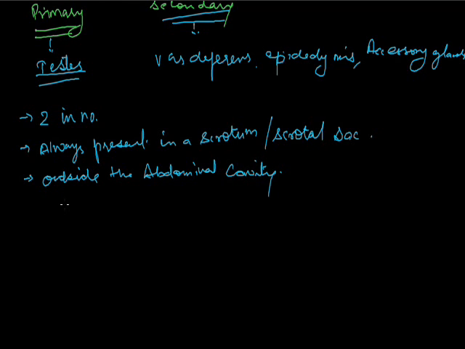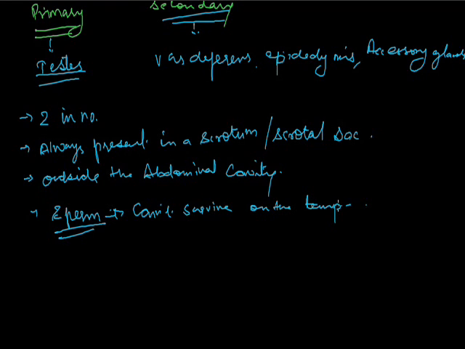Why is it essential to be present outside the abdominal cavity? Why are the testes not present inside the body? Because the testes produce sperm, and sperms are living cells that can't survive at the temperature our body has, approximately 37 degrees.